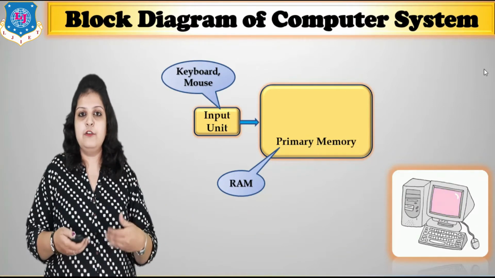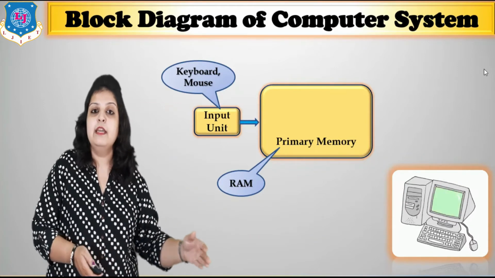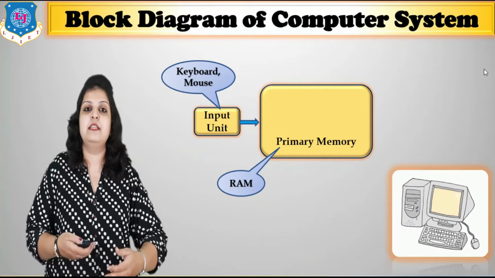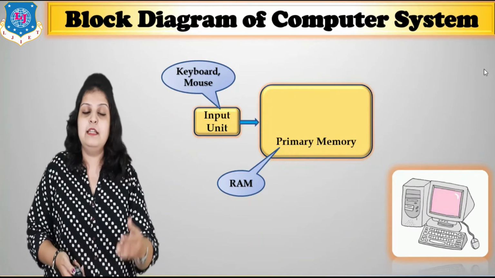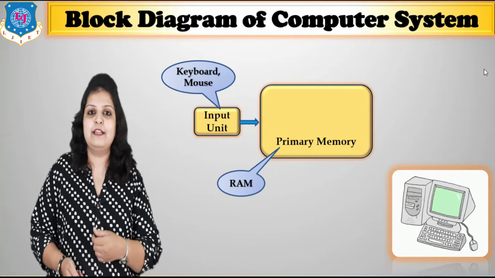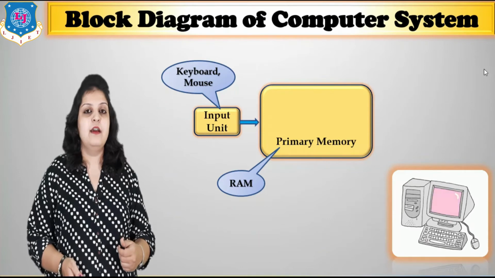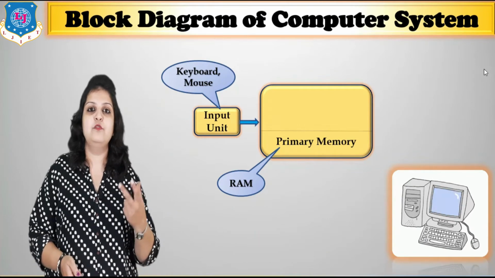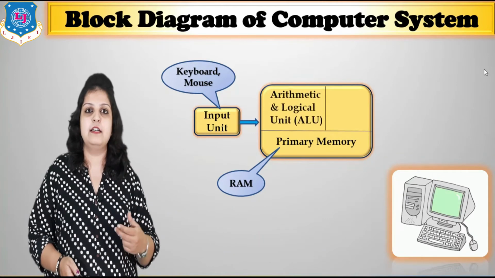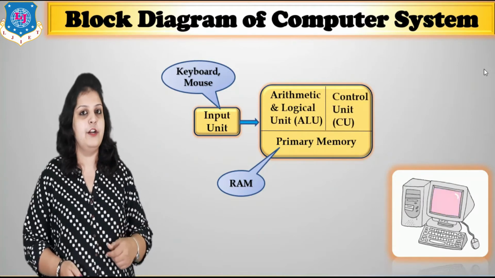Now you have create one file that is in primary memory. Then after, what happen? Process on this file, and this process done by our CPU. CPU means central processing unit, and it is the brain of computer. And CPU also divided into two parts. First part is a arithmetic and logical unit, and second part is a control unit.